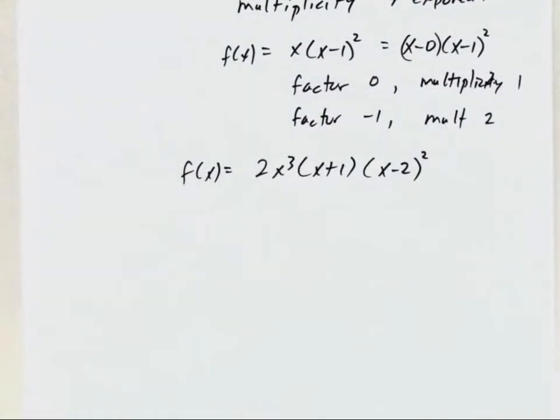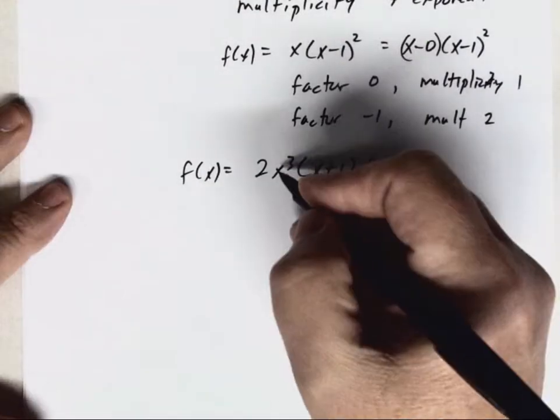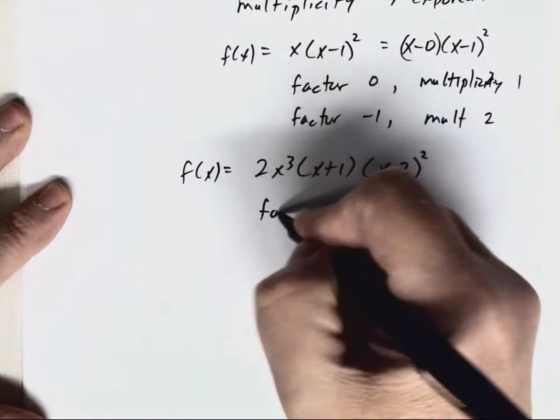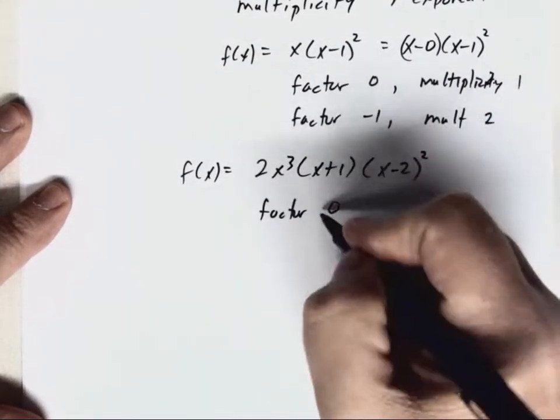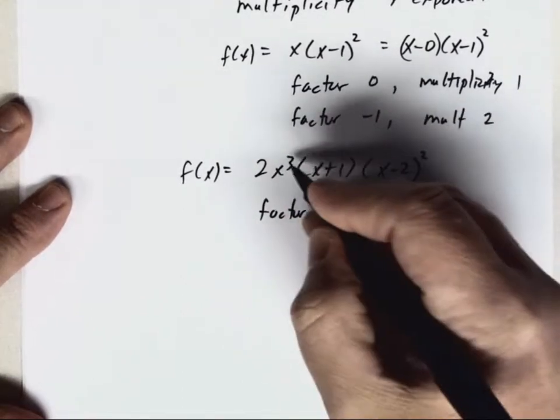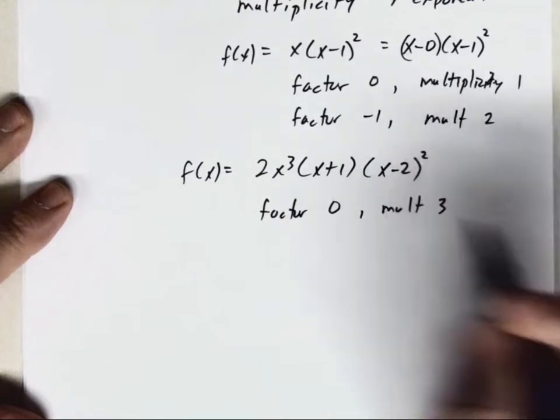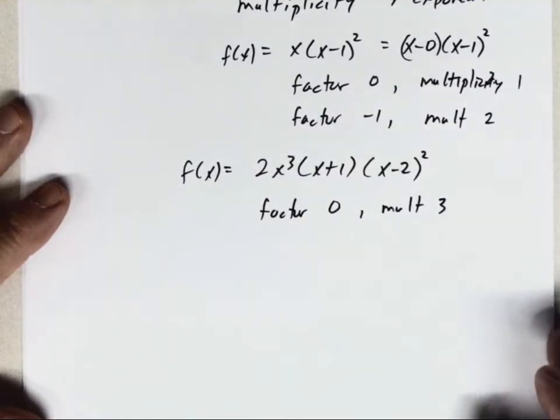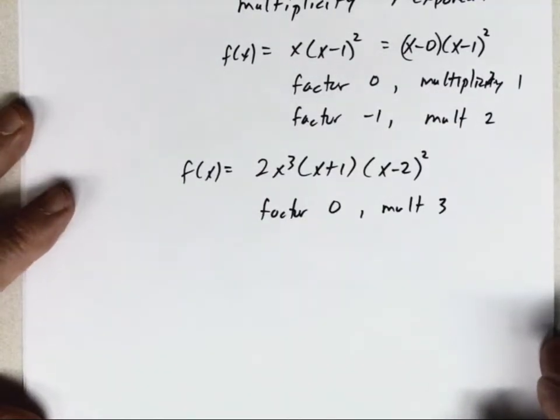So anytime you have just an x by itself, you know that is a factor of 0. So therefore, for this one, factor 0, multiplicity 3, because the exponent on the x is 3.